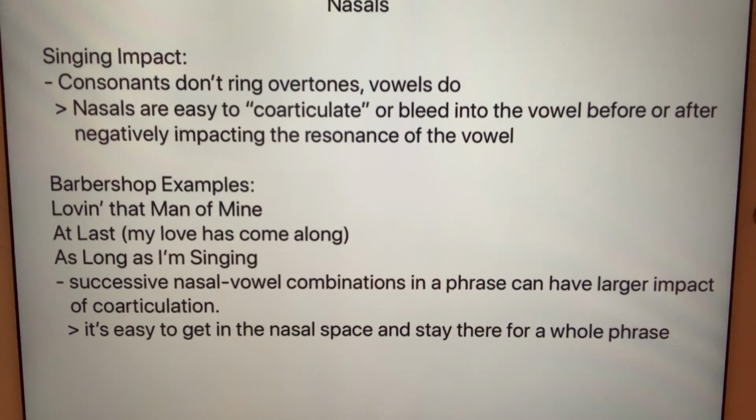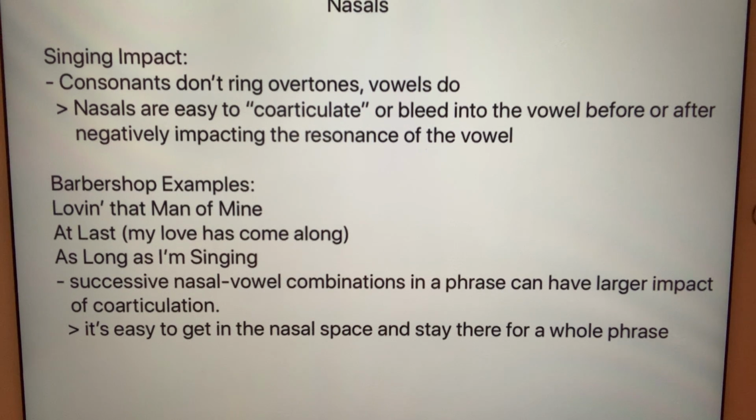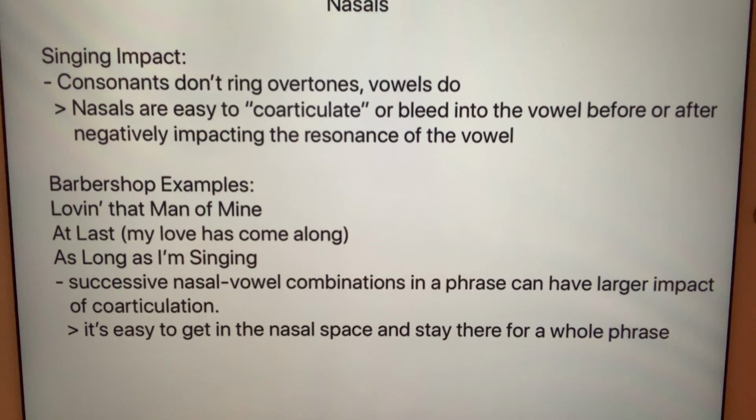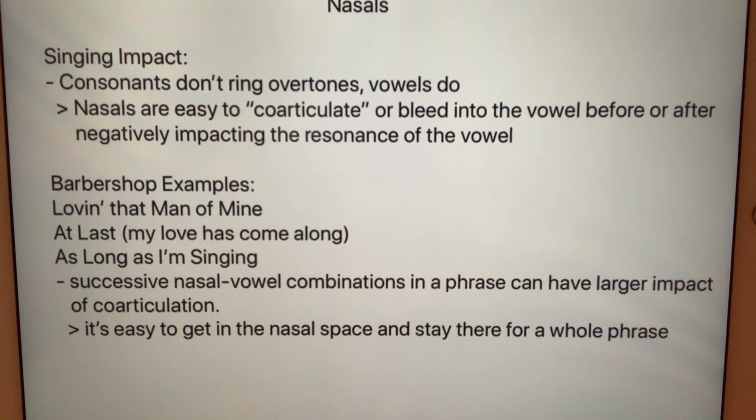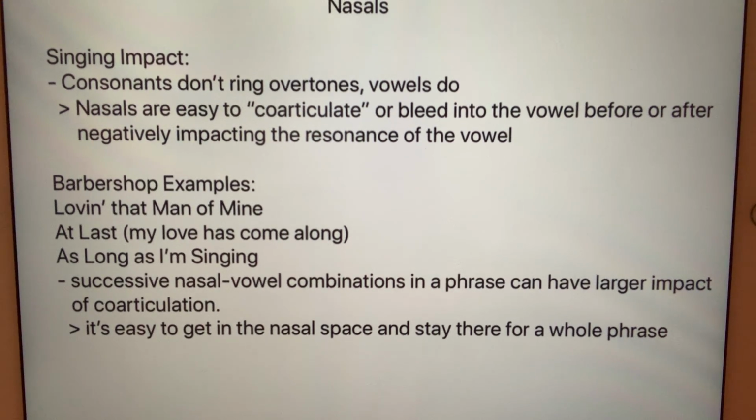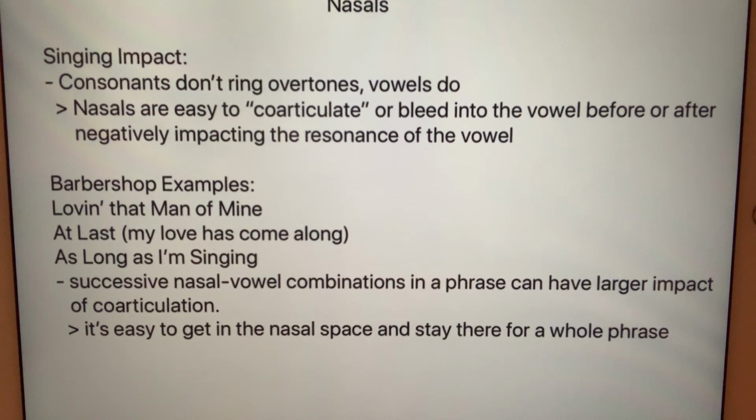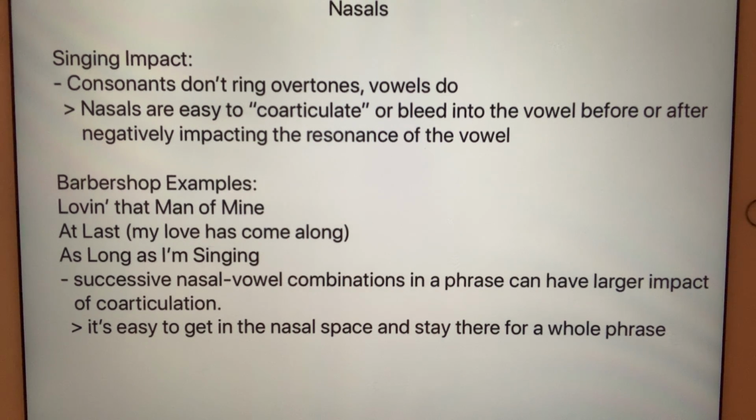In the end, my love has come along. Again, it's really hard to get out of that nasally sound impacting those vowels, especially because it's moving really quickly. When it's a target big fat vowel, we can usually really focus on eliminating or lessening the nasal sound, but when it's happening really quickly, it's hard to come out of that nasal sound.